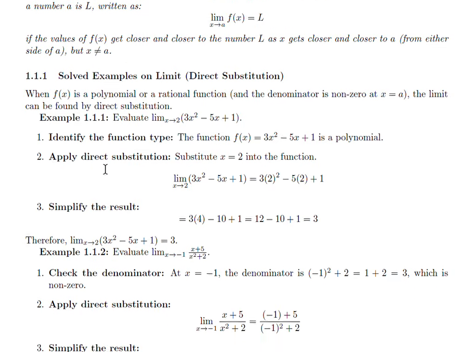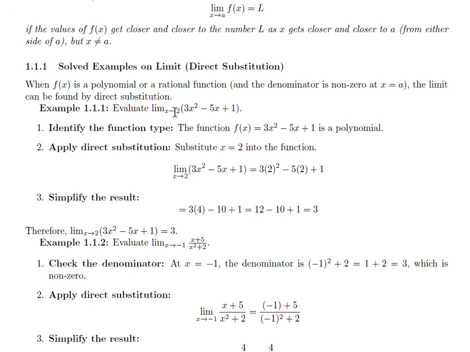Example 1.1.1: evaluate the limit of 3x squared minus 5x plus 1 as x approaches 2. First of all, the function is a simple polynomial function, and the first step when evaluating limits is to plug in the limit, the a, that is the number we are setting our variable to approach, right?